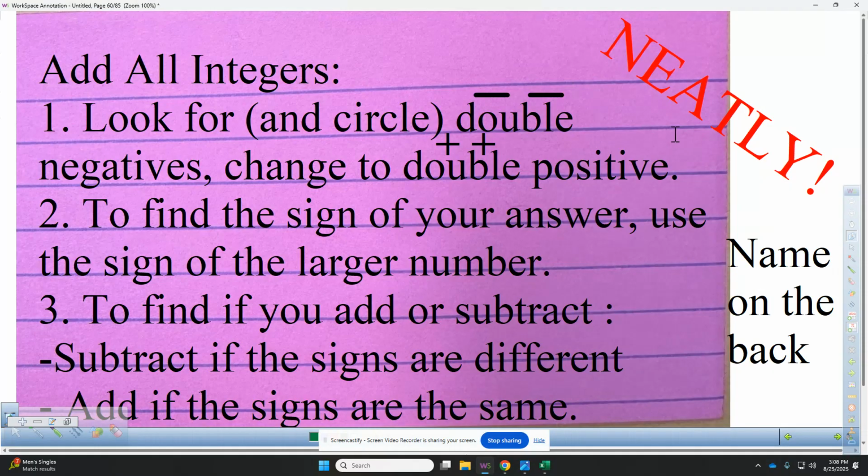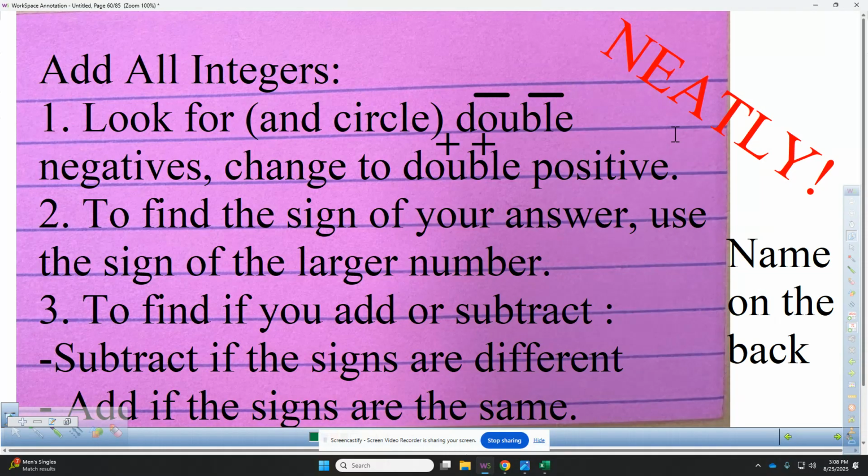There might be a parenthesis in between. Please put the two minuses above the word double. Change to double positives. So write two plus signs above the word double, and you will change double negatives to double positives. We'll talk about that in the lesson.